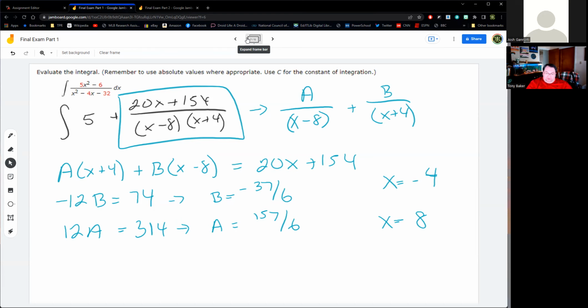So my new integral that I'm doing is 5 plus 157 over 6 over x minus 8 plus, or minus actually, 37 over 6 over x plus 4.